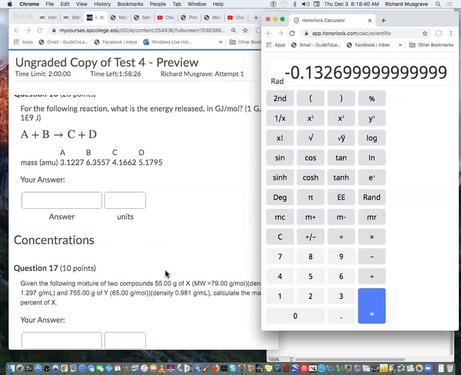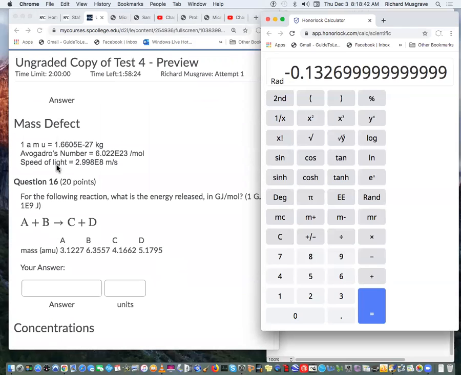Okay, so that's the mass. We've got to convert that to kilograms. So times 1.6605 times 10 to the negative 27, EE negative 27. And then that's times the speed of light squared.